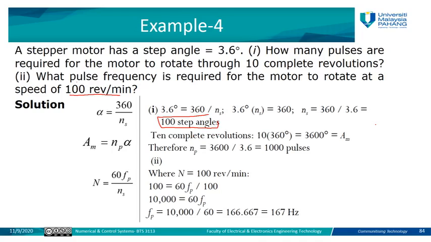You just substitute the value of n, which is 100 revolutions per minute, and fp here is the missing value. Ns we already found, 100 steps. So just substitute the values in order to find the frequency, which is 167 hertz. So this is how to apply these formulas.